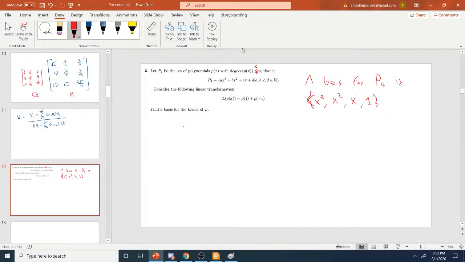And so let's call this basis E. And let R1 have the standard basis.